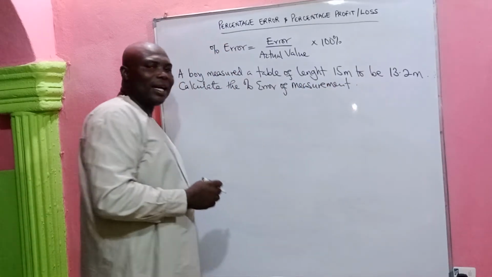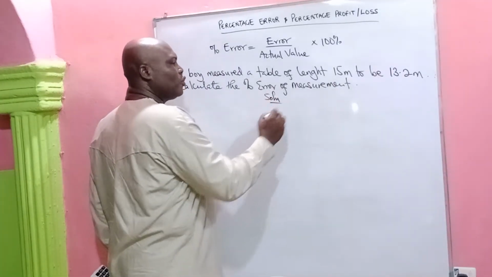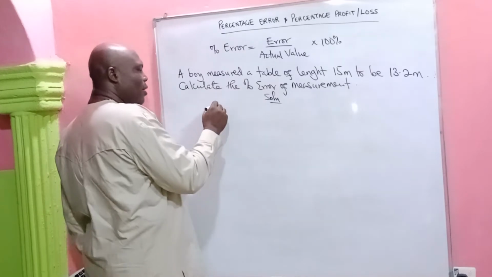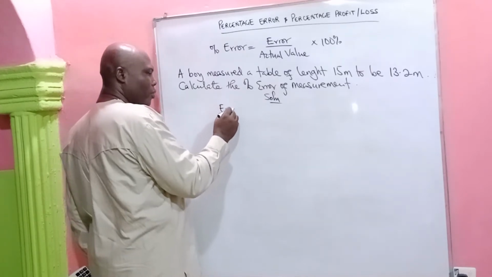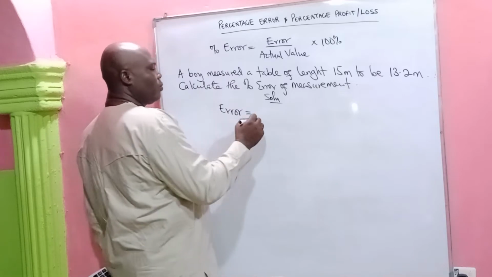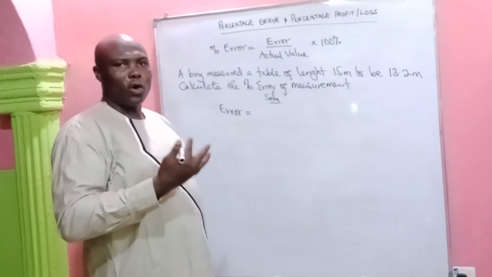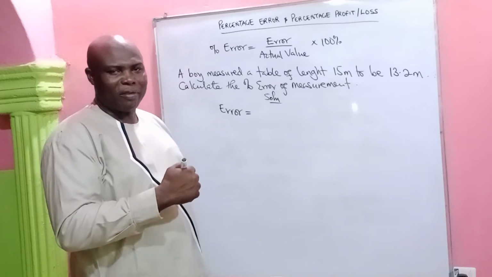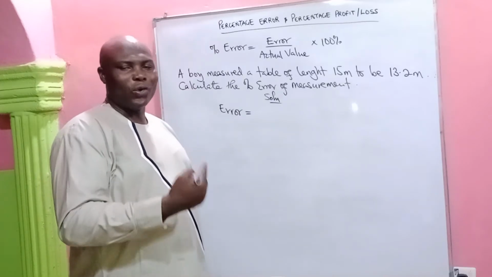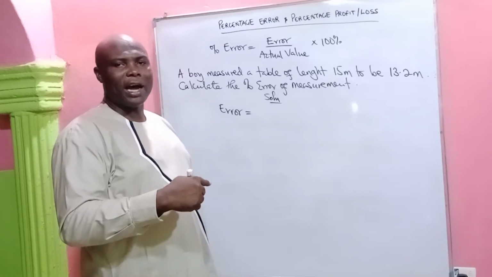So we've been asked to find the percentage error. The first thing we have to deduce here is the error itself. The error itself is given as the actual value minus the wrong value if the actual value is larger, or the wrong value minus the actual value if the wrong value is higher.